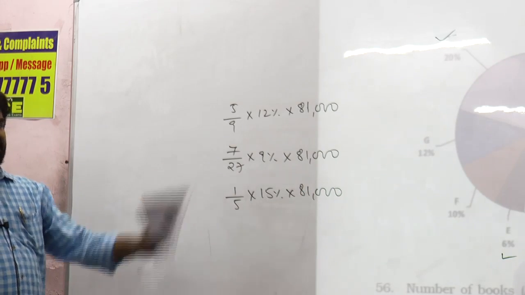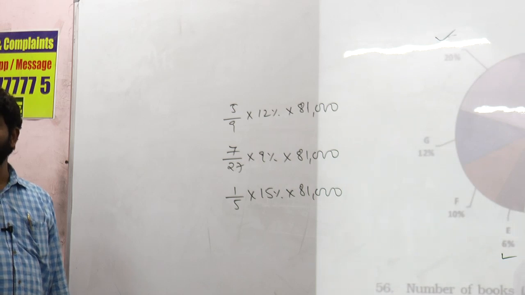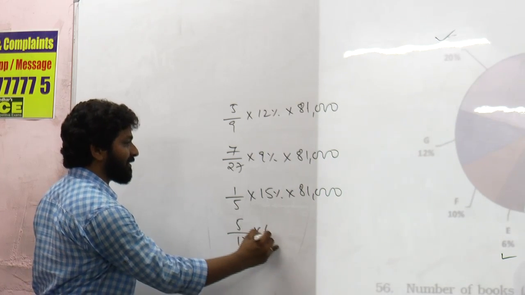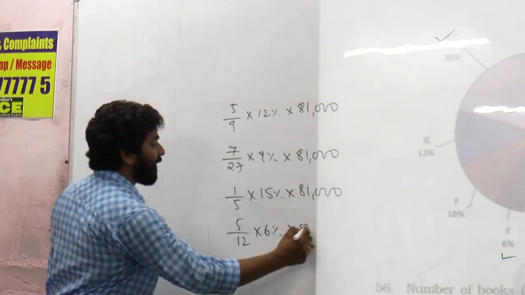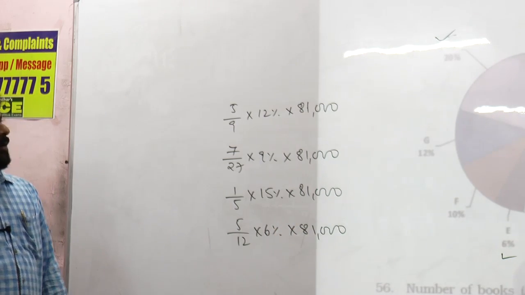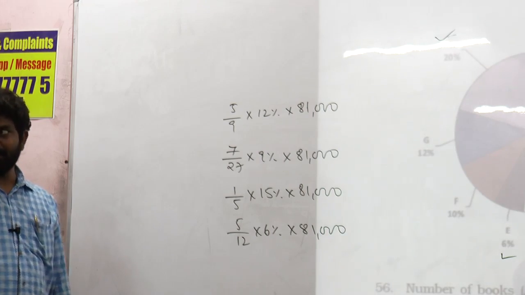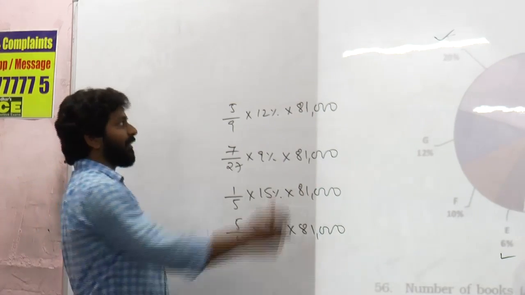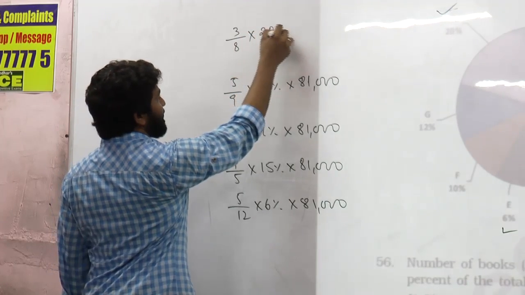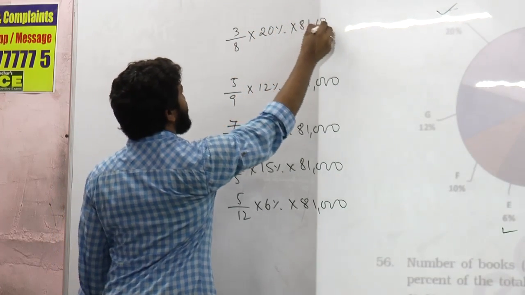E, 7:5, total 12 parts. So 5 parts out of 12 parts among 6% of 81,000. H, 5:3, 3 parts out of 8 parts among 20% of 81,000.